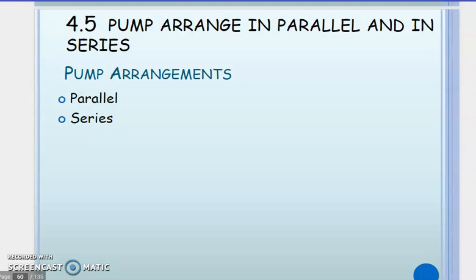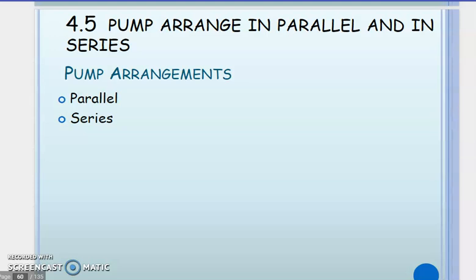Okay, now we continue with lecture 4.2, part 2. We want to take a look at how the pump performance curve looks for two or more pumps arranged in parallel or in series.